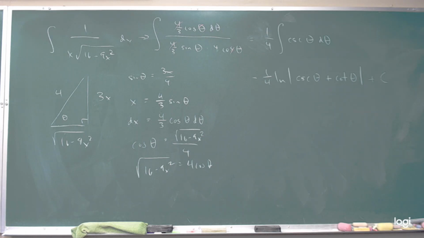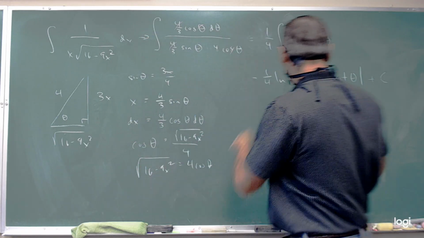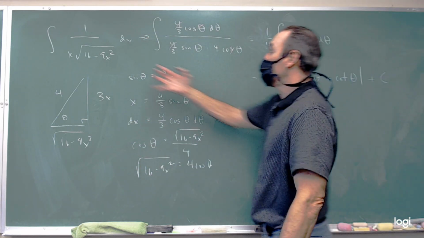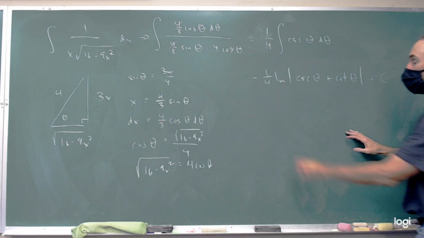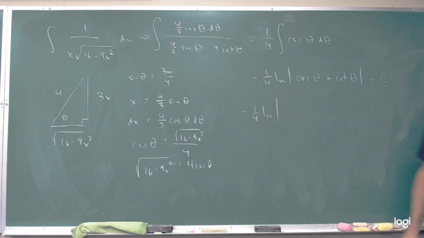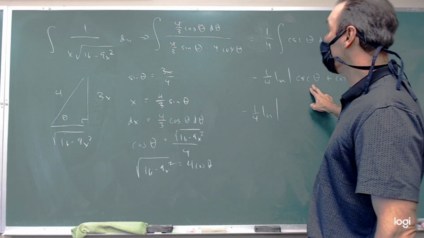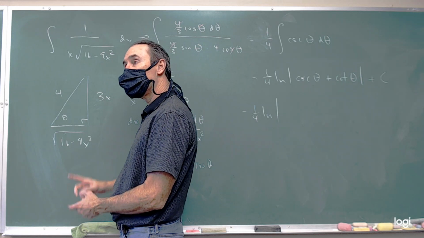You with me? We're not done. Now, we're going to go back to our triangle, and we're going to go from the thetas back to the x's that we had to start with. So we have negative 1/4 natural log of the absolute value of, let's see, cosecant theta is going to be, it's 1 over sine. Sine is opposite over hypotenuse.